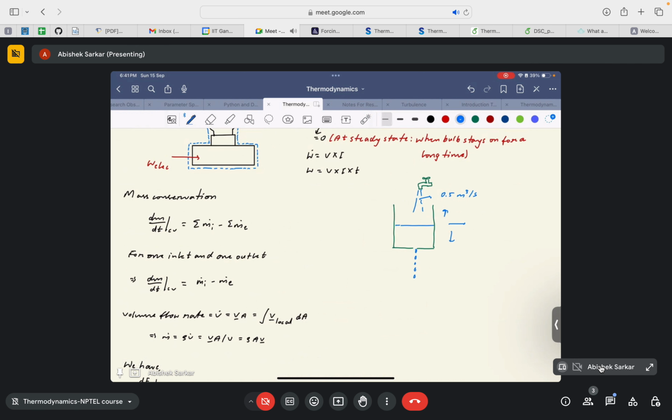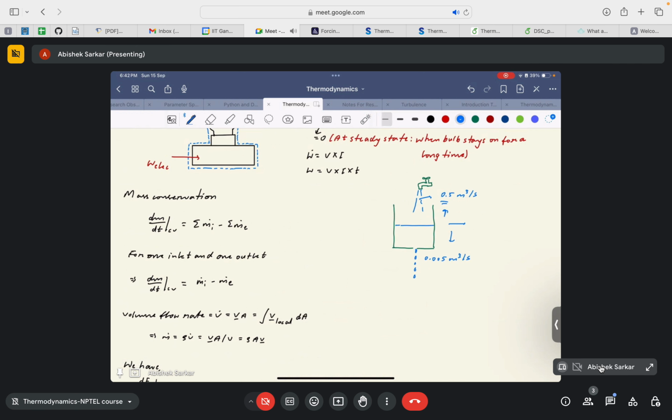I'm just giving a very random value to the flow rate, and take that the flow rate from the exit is 0.005 meter cube per second. So now what do you think would happen to the level of water? I already said that the volume flow rate of the water from the hole below is much lesser than the volume flow rate from the tap which is filling up the bucket.